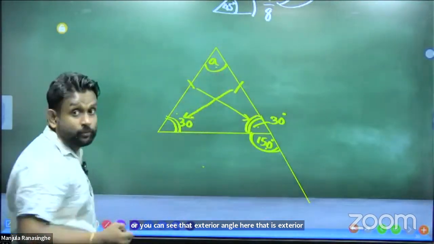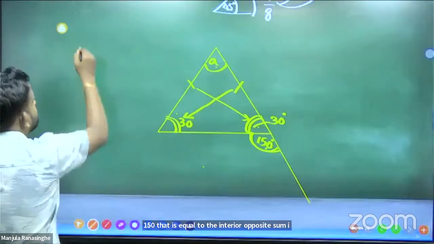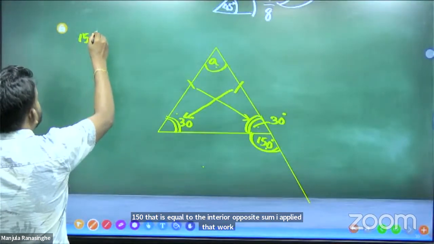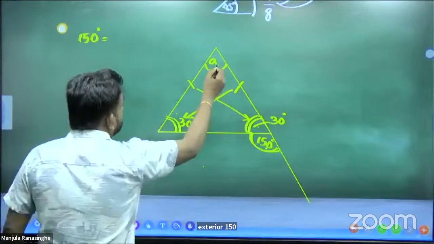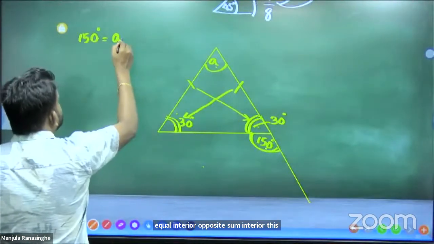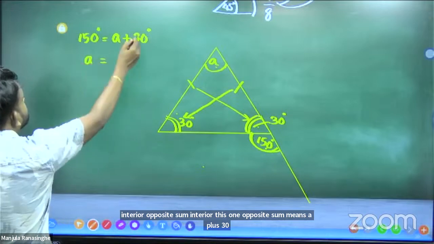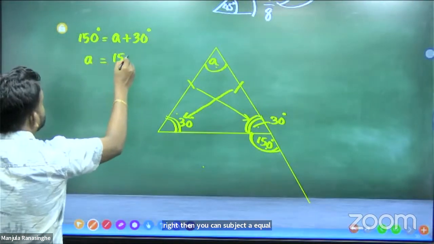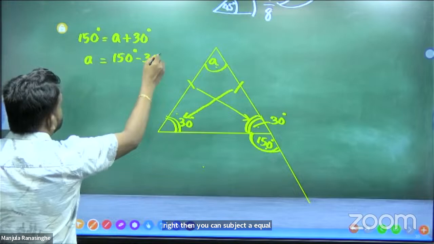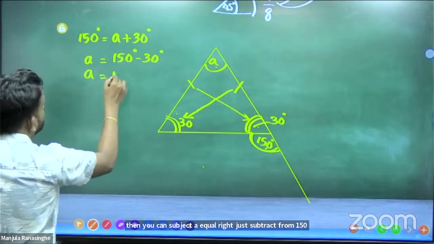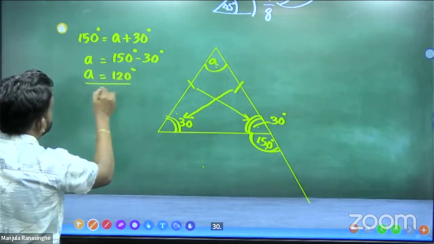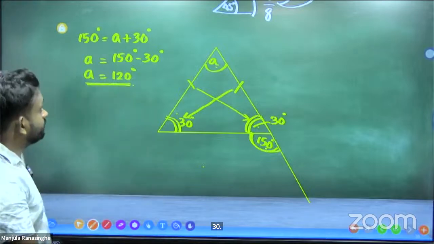I applied that one. Exterior 150 equals the interior opposite sum, which means A plus 30. Then you can make A the subject: just subtract 30 from 150. So A equals 120 degrees. Okay, that is the part.